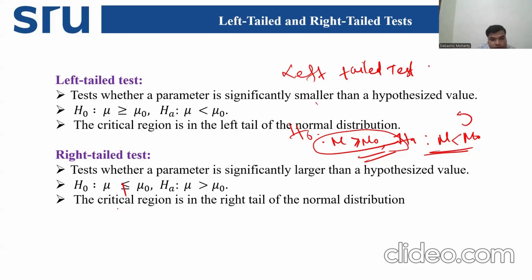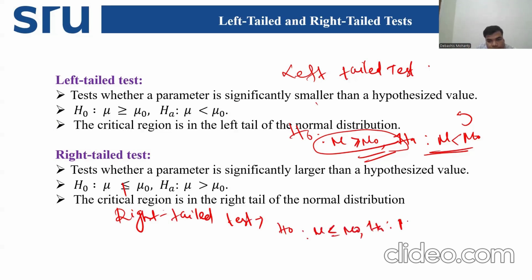Similarly, if we go for the right tail, in case of any right-tailed test, the null hypothesis is mu is less than or equal to mu naught, and the alternative hypothesis is mu is greater than mu naught.